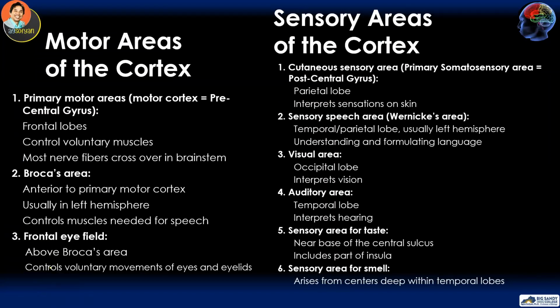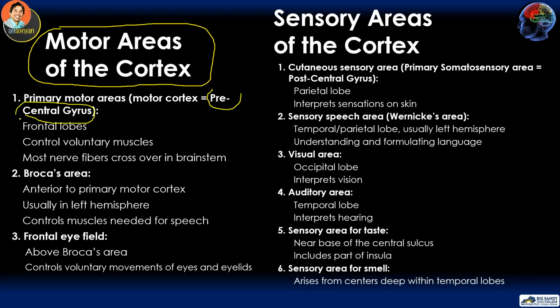Okay, now we're going to see the summary of these areas. Again, the motor area will be mainly on the frontal lobes, the frontal area of the brain. There is a special area or gyrus called the precentral gyrus.